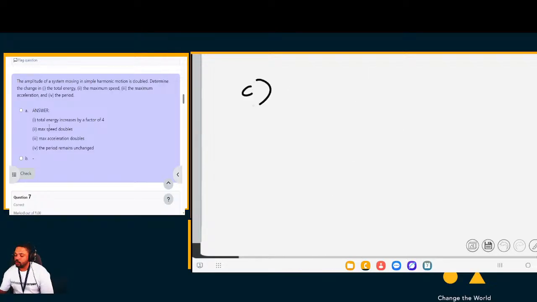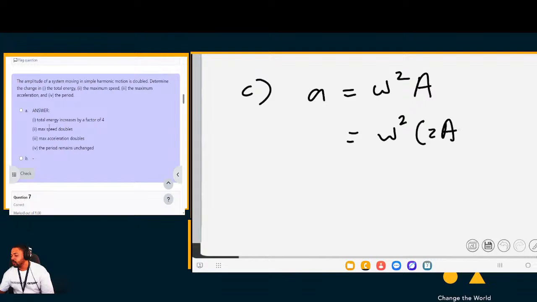Number C, if we double the amplitude, what happens to the maximum acceleration? The maximum acceleration is equal to angular speed squared times the amplitude. Let's double the amplitude.